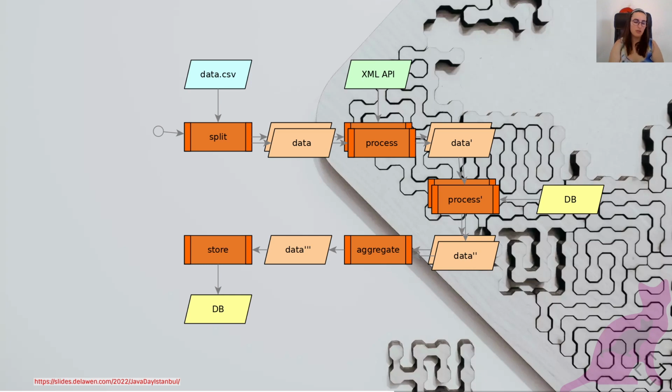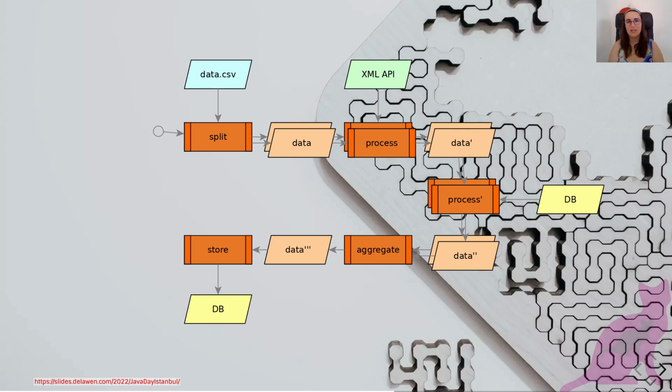So if you think about this, if you need to implement this manually, how many lines of code or even how many files do you need for this? You're probably thinking, well, I need to have one. If you are in an object-oriented space, I need to implement one class to grab the data CSV and read it and split it.